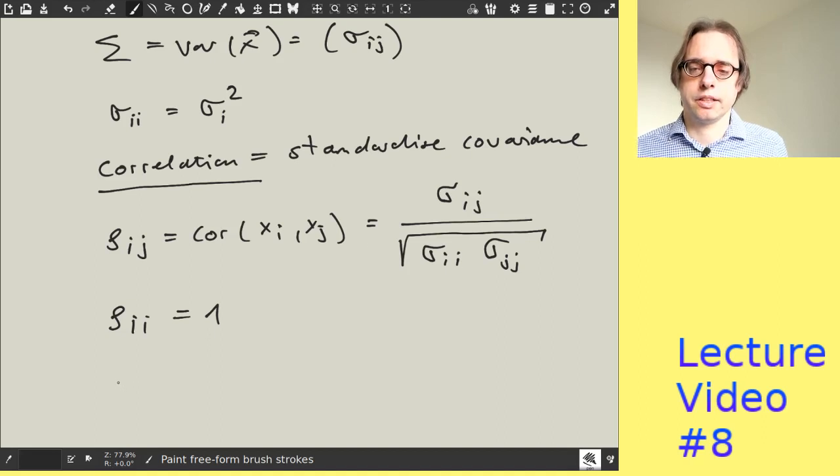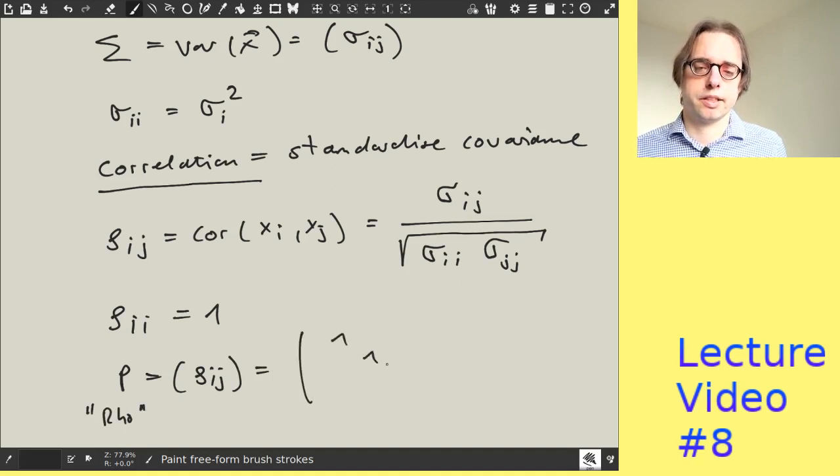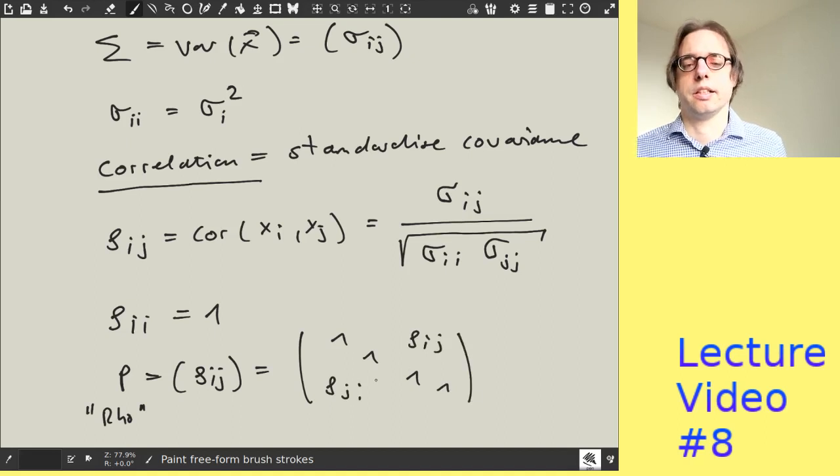When we create a matrix consisting of these entries of the correlations, that's capital Rho, not a p, then we have a matrix that has 1 on the diagonal, and then we have rho ij, rho ji on the off-diagonal. So this is symmetric as well, of course.